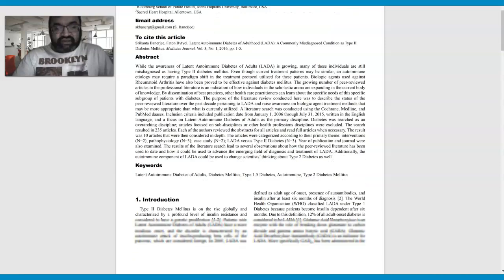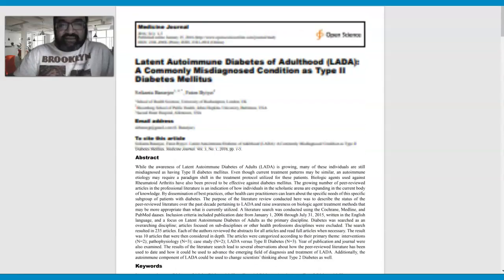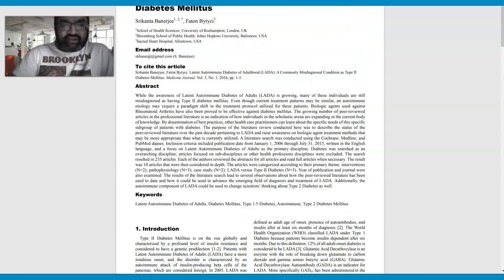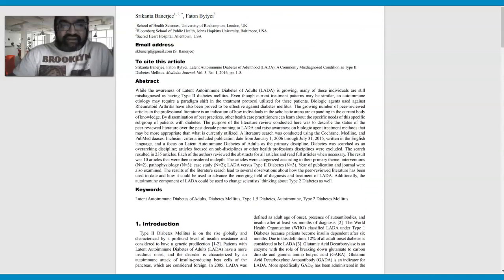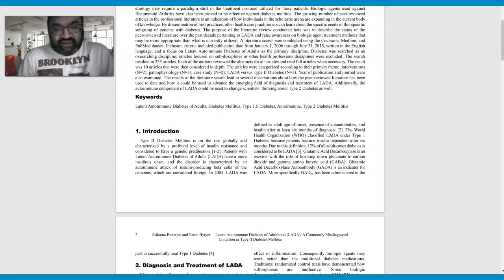When I was writing this, one of the things that came to mind, and I've actually worked with collaborators here at the Sacred Heart Hospital, was how best to operationalize the idea of LADA.